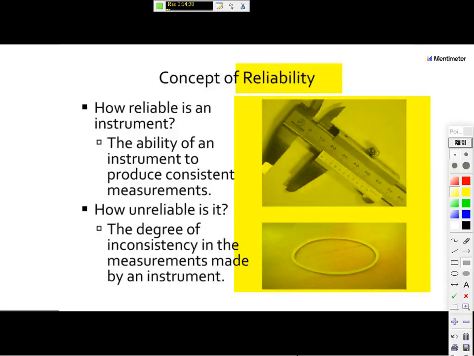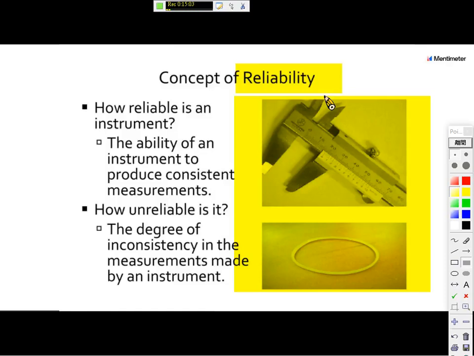So if these two instruments can be used to measure the length of the pen, are both instruments valid for the measurement? Yes. So keep in mind, when we say validity, it's a yes or no question. Either they have validity, or they do not.